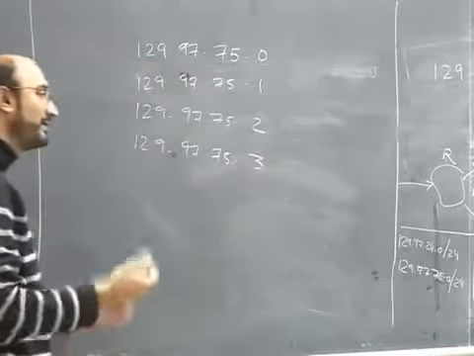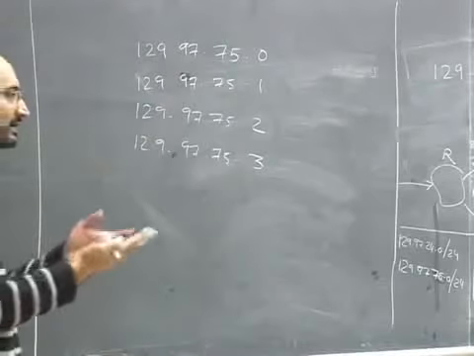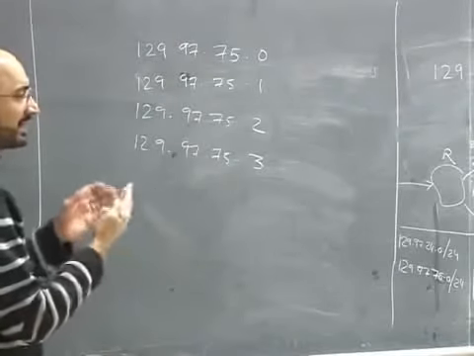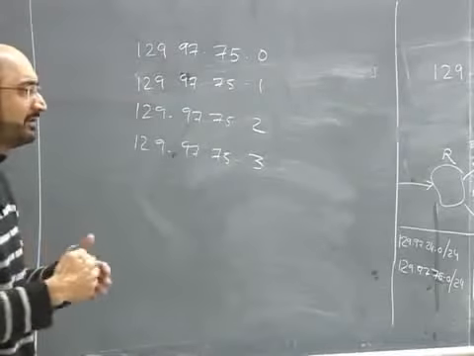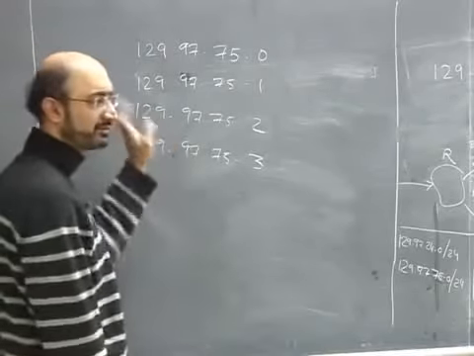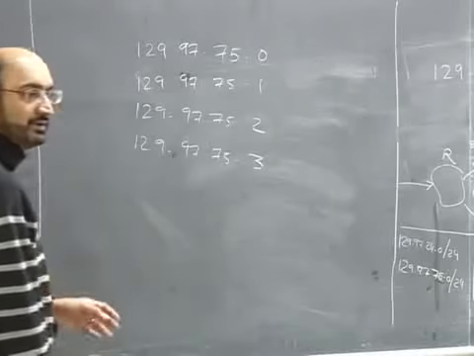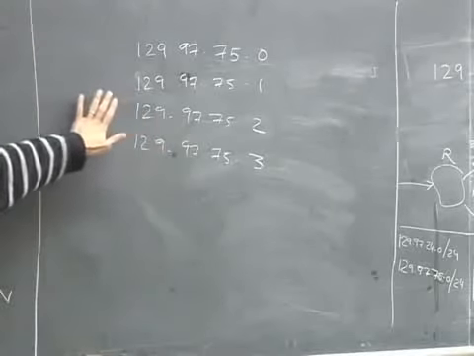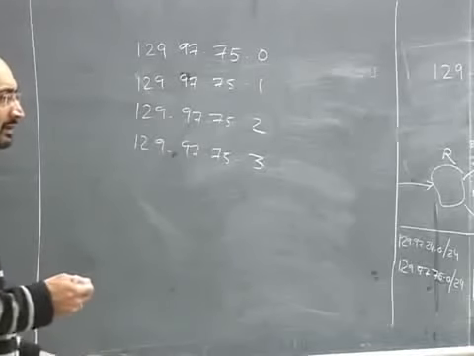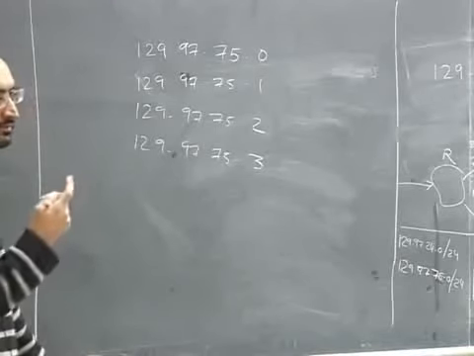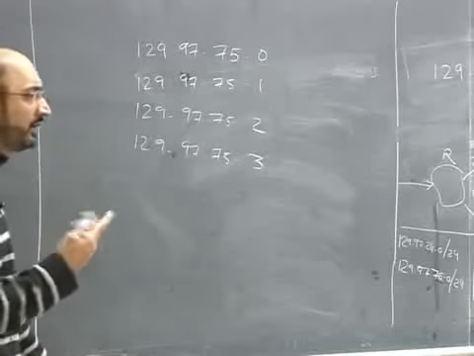I picked simple numbers. It can be any contiguous block of 4 that are aligned, so it can be 0 to 3, 4 to 7, 8 through 11, etc. But I picked this because it's easier this way. So I have 4 addresses, and I want to refer to all of them using only one thing. How do I represent it?